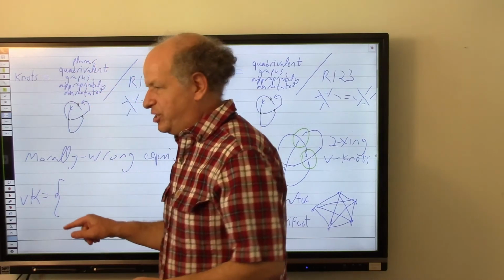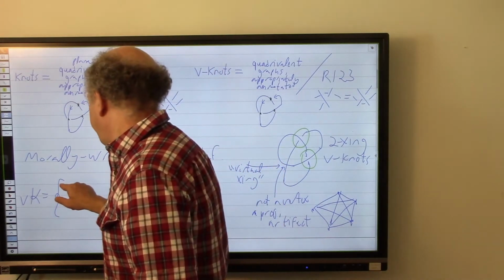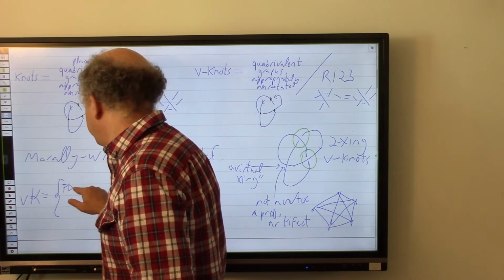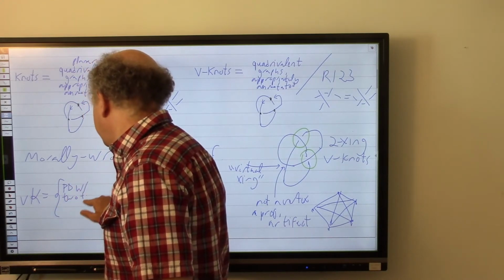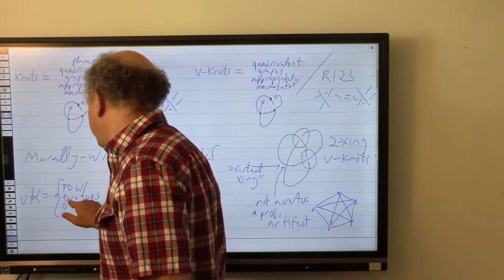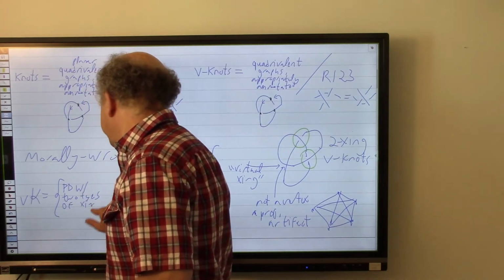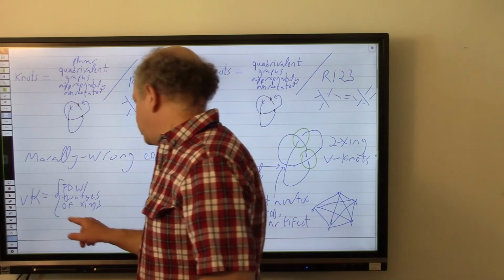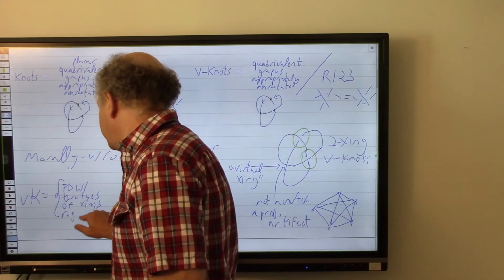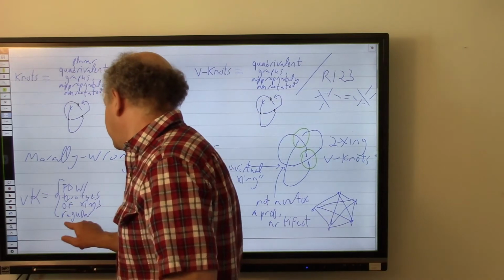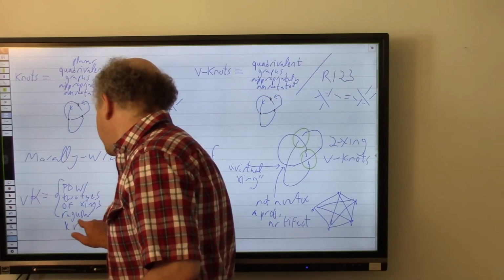And then the new definition will be, so virtual knots will be planar diagrams with two types of crossings, and these are called regular, or honest, or classical, and virtual.